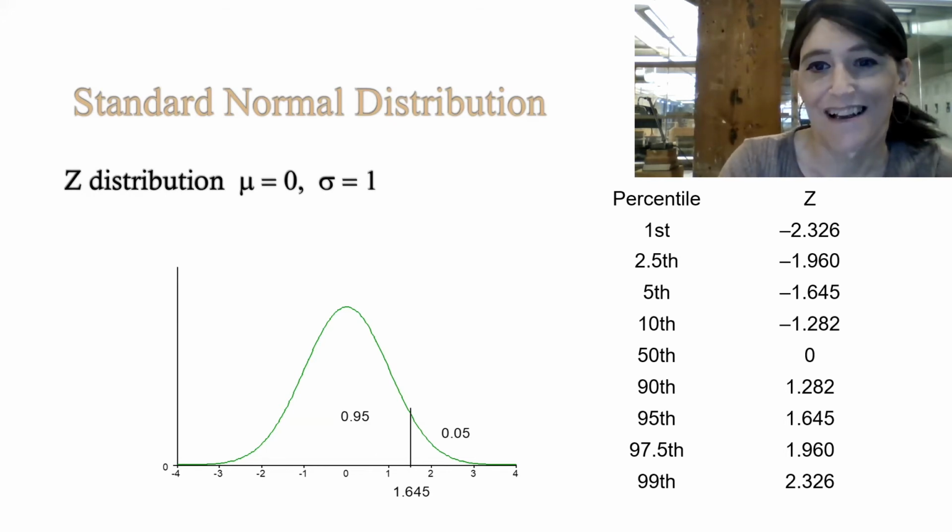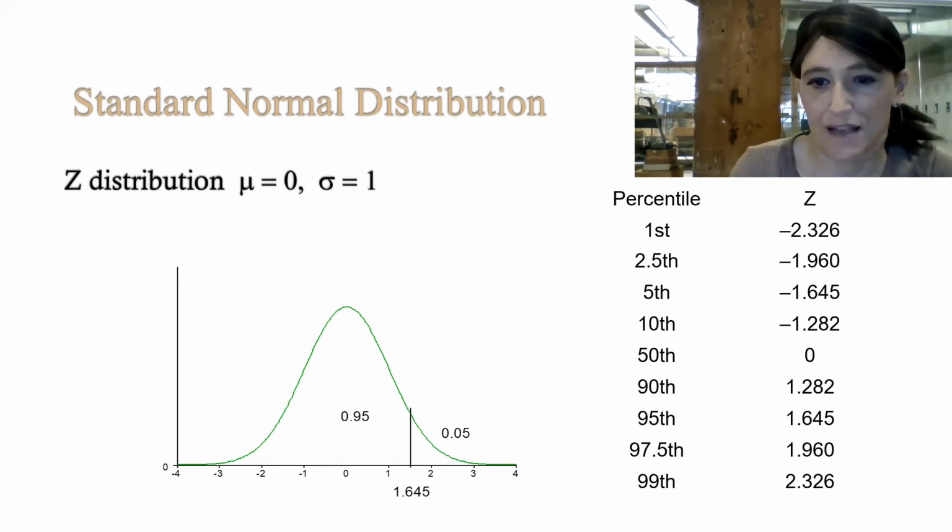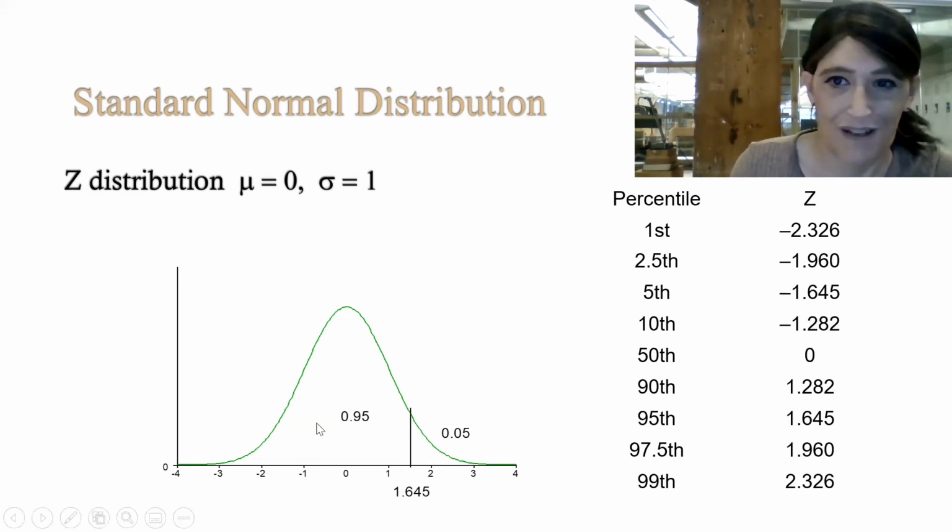Confused? So that 1.96 represents the 97.5th percentile, or the 2.5th percentile on the low end, okay? Does that make sense to you? Maybe not.